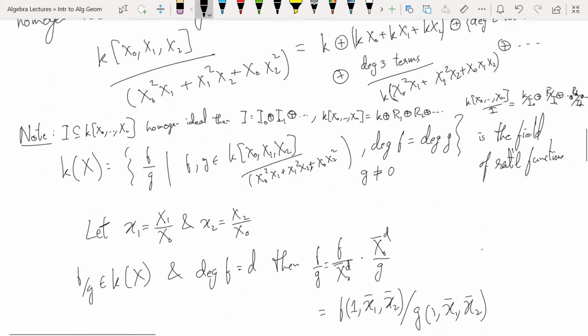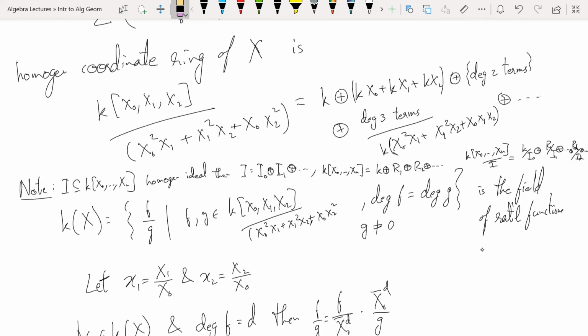So we know that the field of rational functions on X is f over g, where f and g are elements of this homogeneous coordinate ring such that degree f is equal to degree g, and so f and g are homogeneous in this graded ring, and we want g to be non-zero.